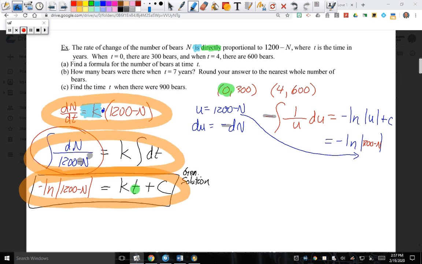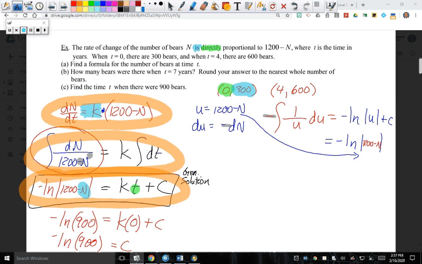Okay? So 300 is now going to be plugged in as the y value, or the output. So what does that become? The natural log of the what? 900. So the negative natural log of 900 in parentheses is equal to c. And yes, I know it's stupid, but I want you to do it the way they want it on AP to make sure you get all the points for work in that process.